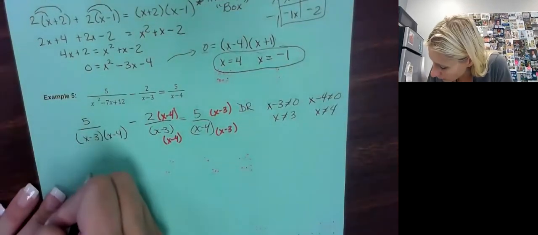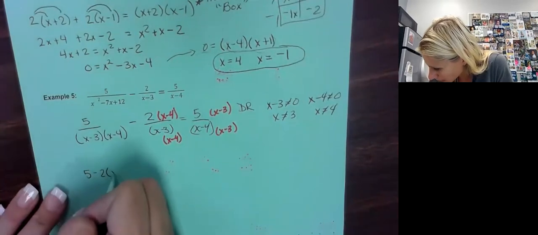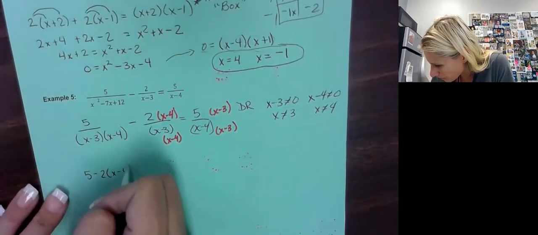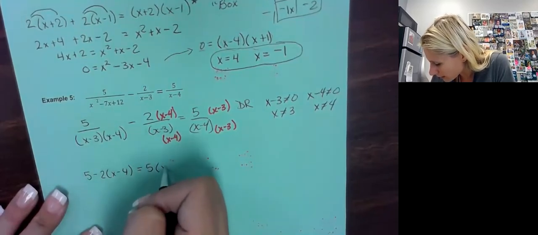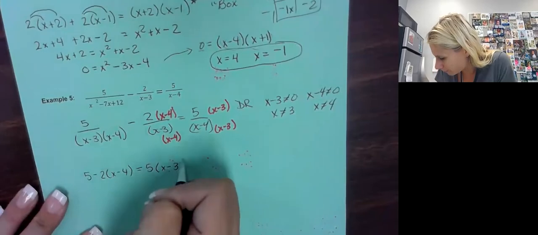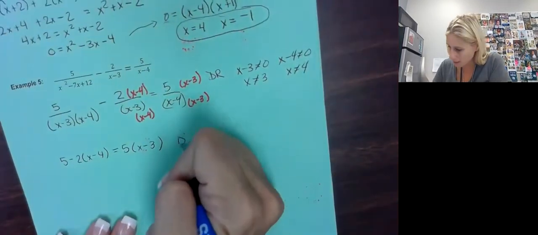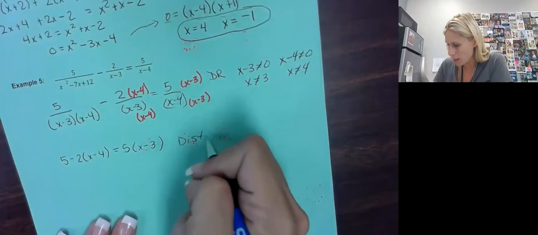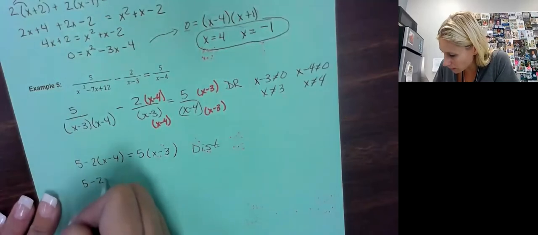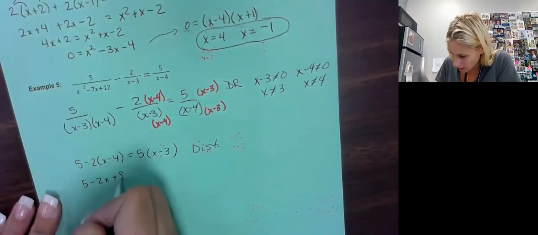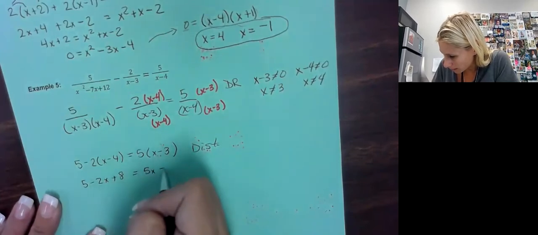All right, let me look at the numerator. 5 minus 2 times x minus 4 equals 5 times x minus 3. Distribute. I'll write down that so you remember what to do. Distribute. So we get 5 minus 2x plus 8 equals 5x minus 15.